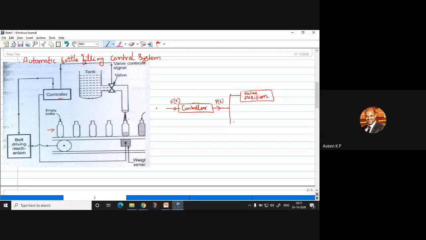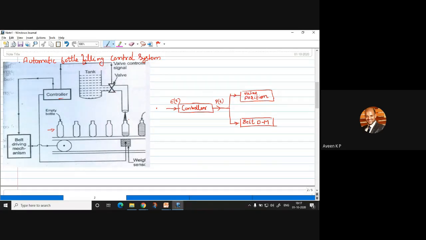Similarly, it is passing its controlled signal to the belt driving mechanism. Okay, you see the arrow mark. So this is the flow of signal.